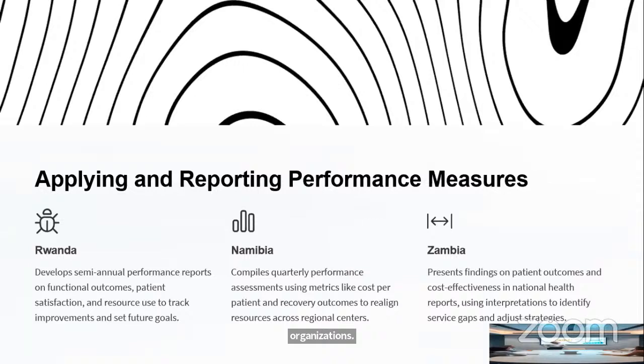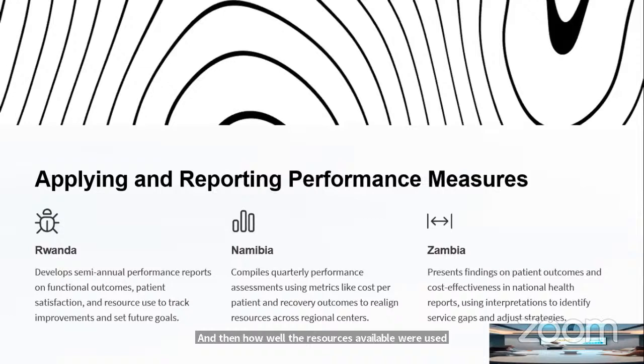In Rwanda, a semi-annual performance report was developed. So when we say semi-annual, it means maybe biannual, right? That reports the functional outcomes of their clients, the client's satisfaction with the services he received, and then how well the resources available were used.